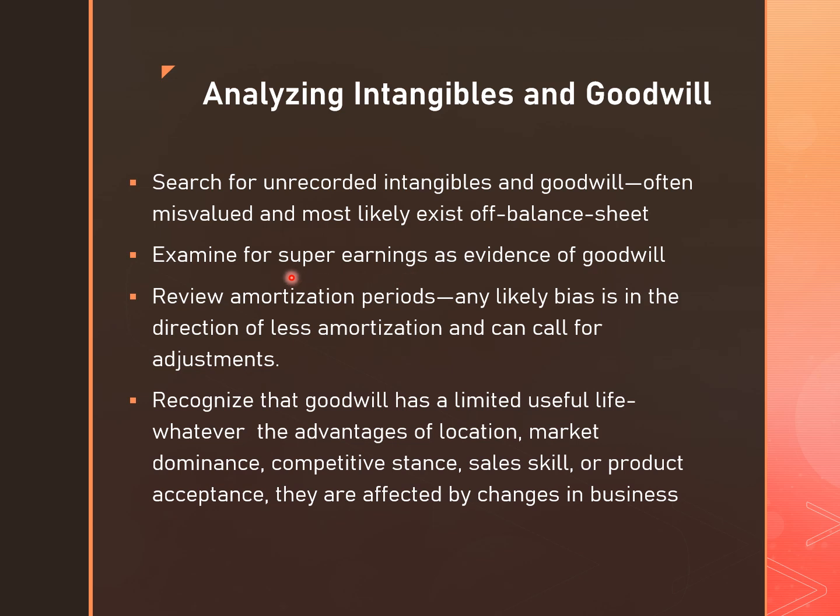Super earnings are income or earnings that are too high. That means goodwill, because people come to it and we do not know why. So many people, it must be goodwill. So, we will examine the super earnings. Review amortization periods. Any likely bias in the direction of less amortization can call for adjustment. For intangibles and goodwill, we must amortize every year. So, we must review whether there is bias or under-amortization. So, you must adjust.